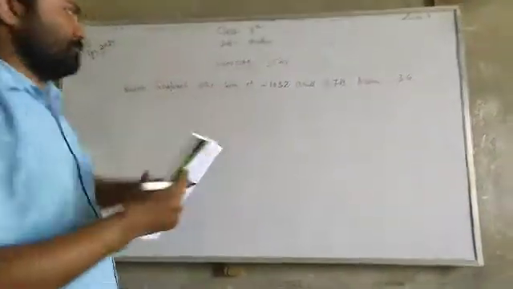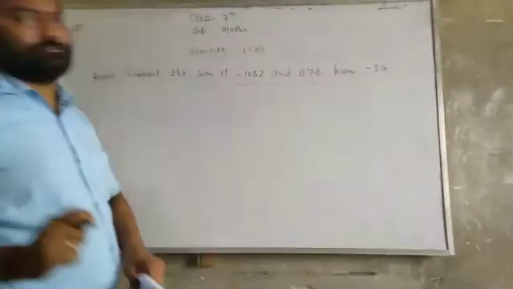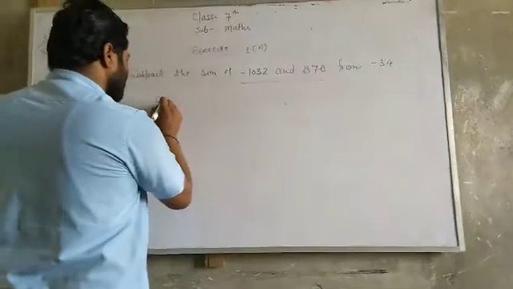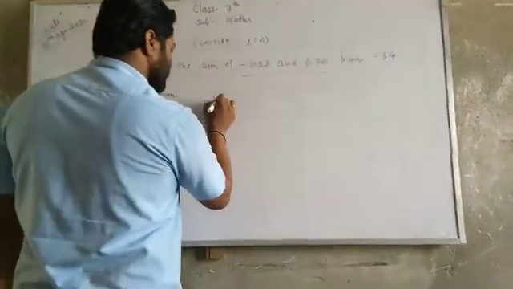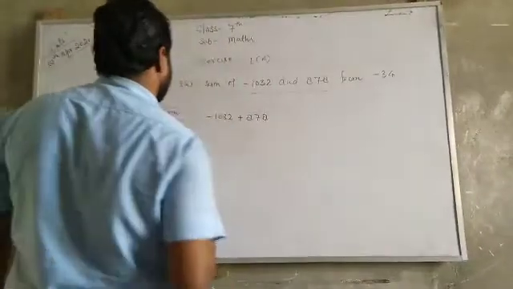Subtract the sum of this and this from minus 34. First we calculate the sum. Sum: minus 1032 plus 878.